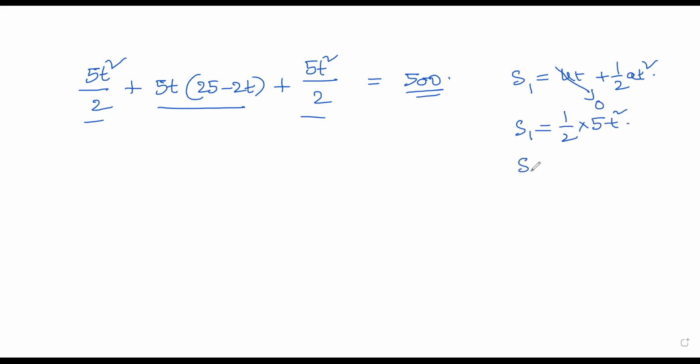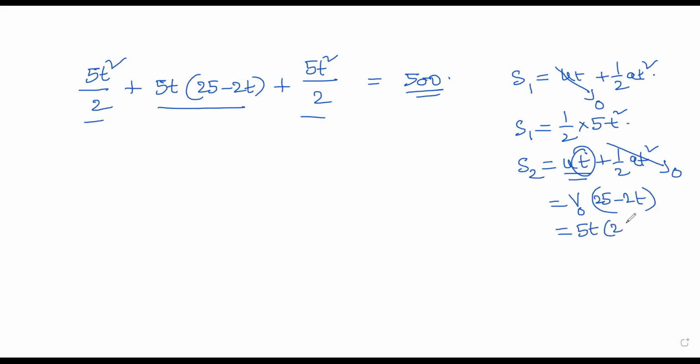And similarly S2 happens to be ut plus half at square. You can use that once again, but in the second case this is 0. There is no acceleration because it is uniform velocity. Uniform velocity is v naught into the time it took, which is 25 minus 2t. But v naught is nothing but 5t. So this part is 5t into 25 minus 2t.